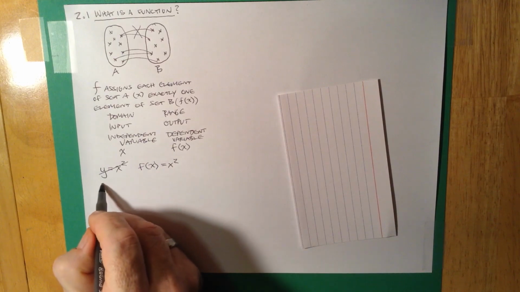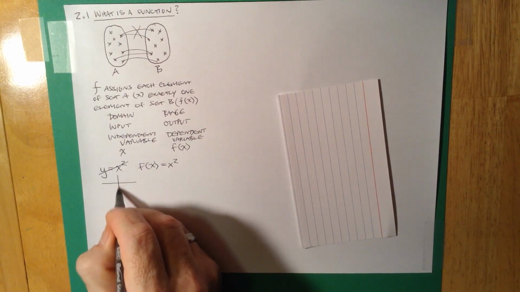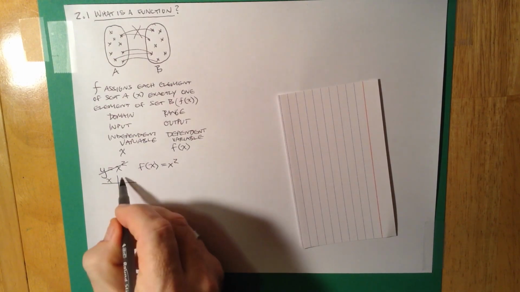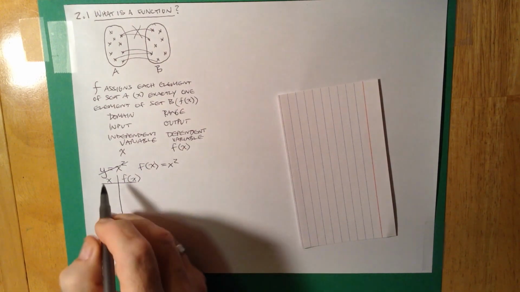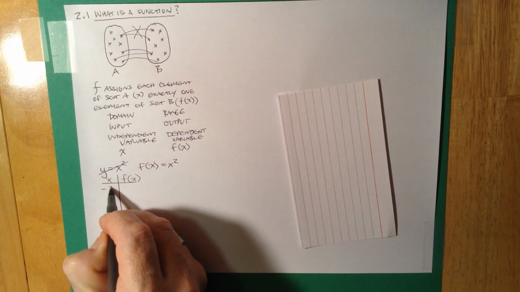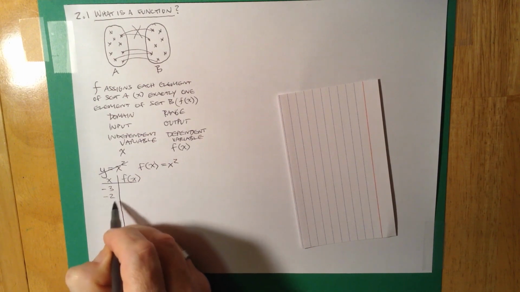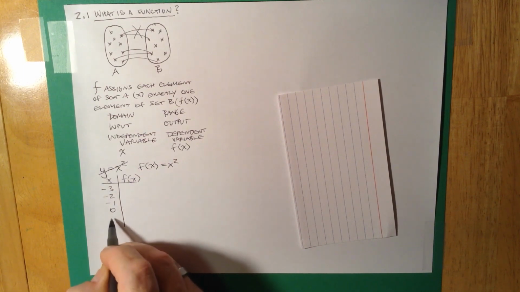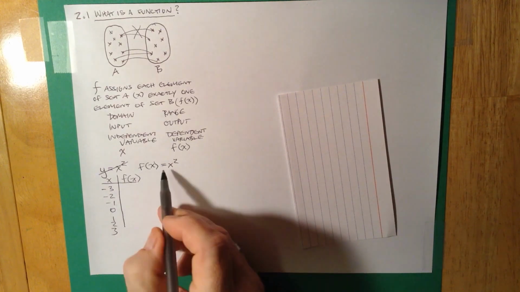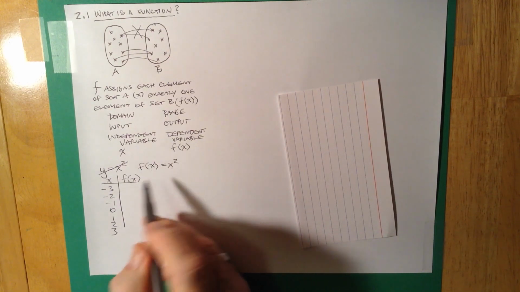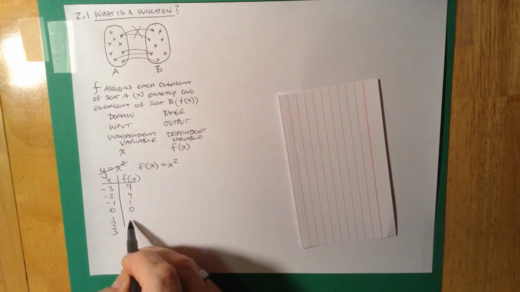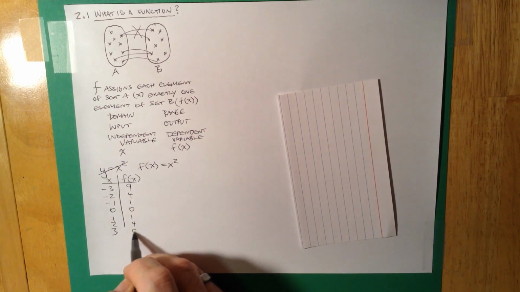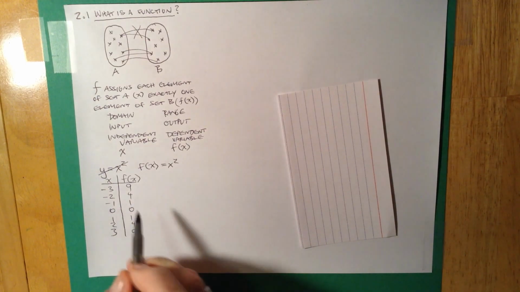You've seen this before. You've seen how we can set up a table, and this is the input, this is the output, or the domain and the range. Let's just go with -3 to +3. And the result of the function is x squared, which is going to be 9, 4, 1, 0, 1, 4, 9. Now you see what I was talking about?